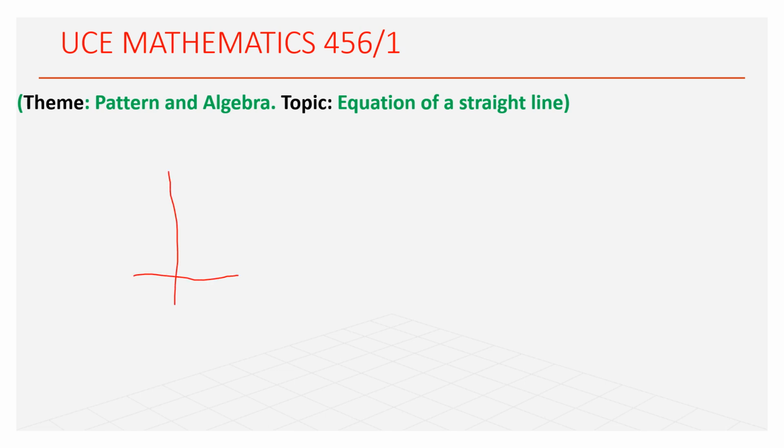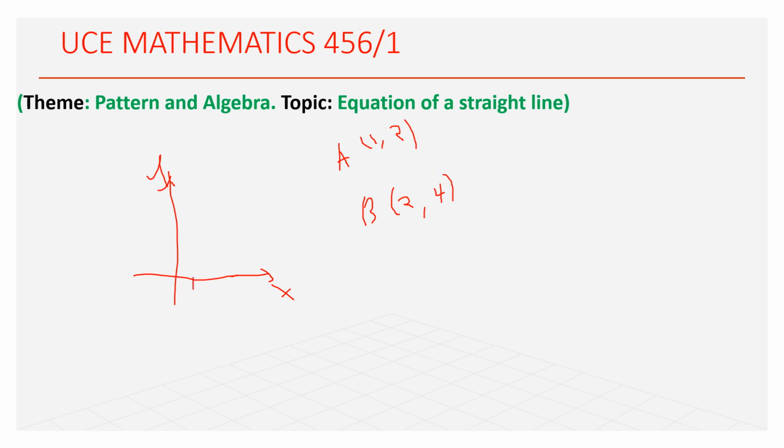For example, I have my Cartesian grid here. I will still consider the positive ones, don't worry. X and Y up. Then I have my points A as maybe 1, 2. Then B as 2, 4, something like that. Then we need to plot.